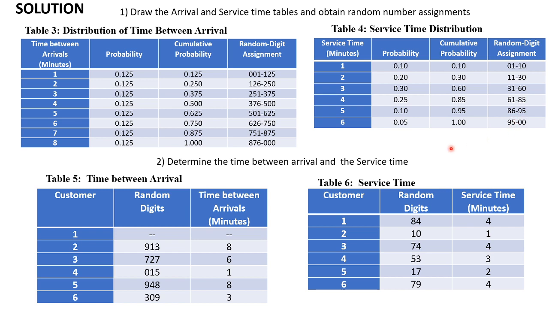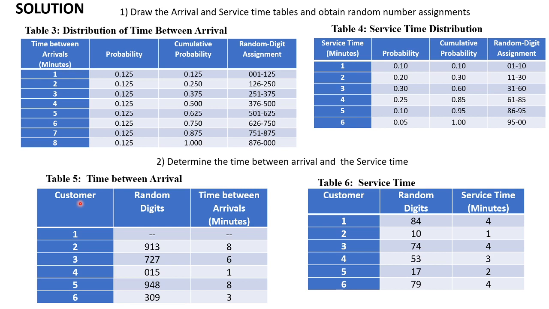Then the next thing we do is to determine the time between arrival and the service time. So we'll draw another table, which is the time between arrival table and the service time table, and then we're able to assign the random numbers here.